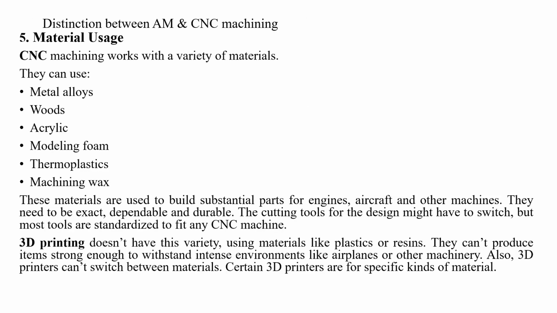The last difference between AM and CNC machining is material usage. A CNC machine works with a variety of materials. You can go through the list. We can use CNC machines for metals, wood, thermoplastics, wax, and these materials are used to build substantial parts for engines, aircraft, and other machines.